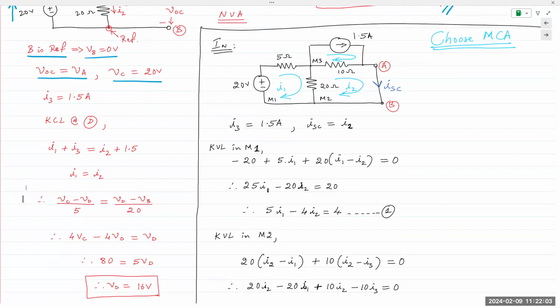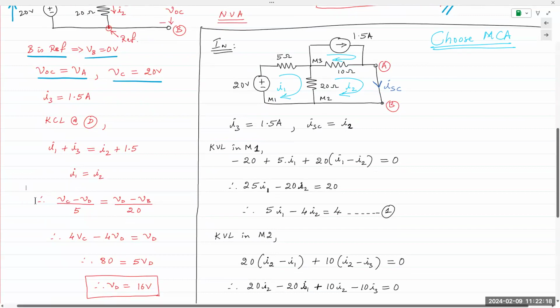Apply Ohm's law. Express each branch current in terms of the node voltages. So I1 is (VC minus VD) over 5, and here I2 is (VD minus VB) over 20.